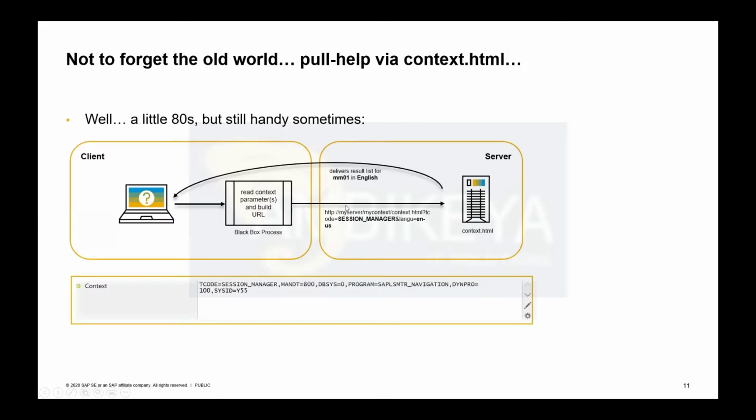It says, hey, on my server, wherever that is, in my context, there is this context HTML file, and after the question mark, I just forward all relevant context parameters to it and give it over to the JavaScript, which is inside that context file, and that context file gives me back a list of learning objects that match that query.